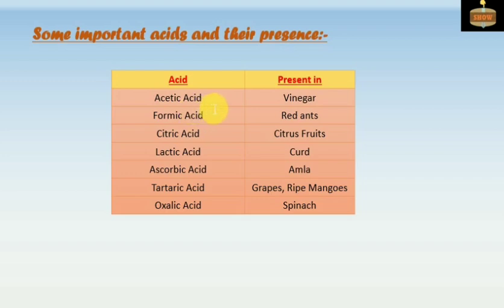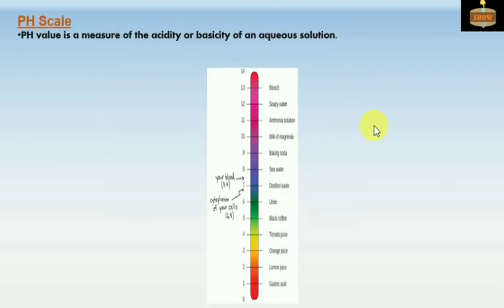Acetic acid is present in vinegar, formic acid in red ants, citric acid in citrus fruits, lactic acid in curd, ascorbic acid in amla, tartaric acid in grapes and ripe mangoes, and oxalic acid in spinach. There are many more. These examples are very common but very interesting to know.